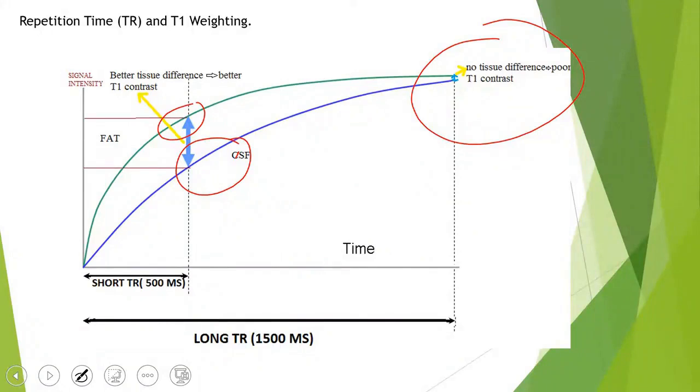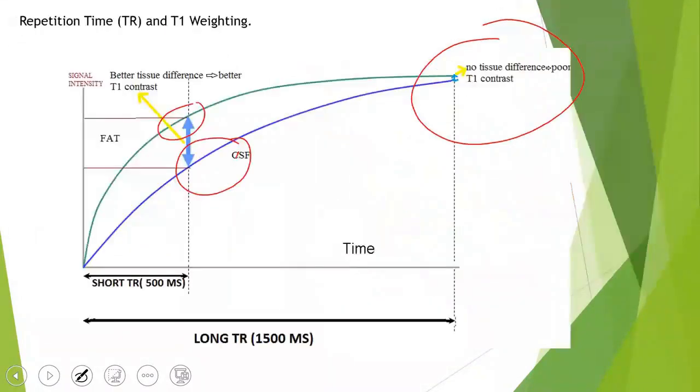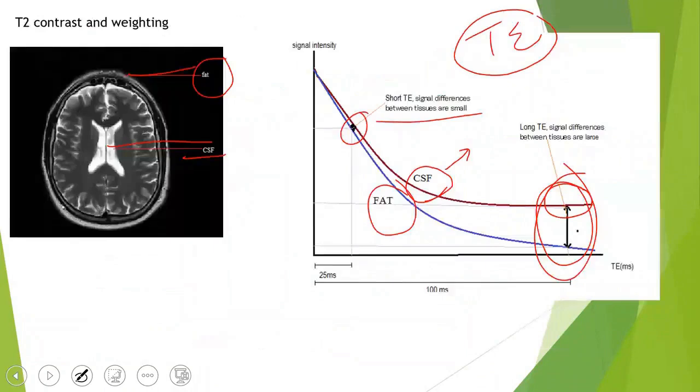The difference primarily depends on the difference in transversal magnetization, not on longitudinal magnetization. That's why in the T2 sequence, I choose a long TR to eliminate the effect of T1 and the influence of longitudinal magnetization, and I choose a long TE to maximize the difference in transversal magnetization between the water and fat, or CSF and fat.